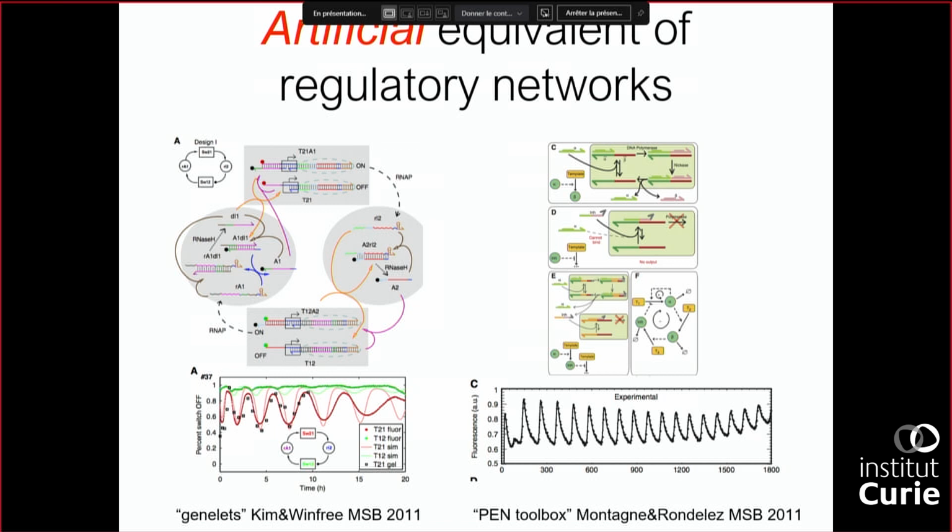And so it allows you to create networks with particular function. And this one is what we are doing in my group. It's called the PEN toolbox. It's a toolbox also for reaction networking. It's even simpler compared to this one, because it also gets rid of RNA. So it's a DNA-only system that allows you to implement various networks, and this is an example of an oscillatory behavior.